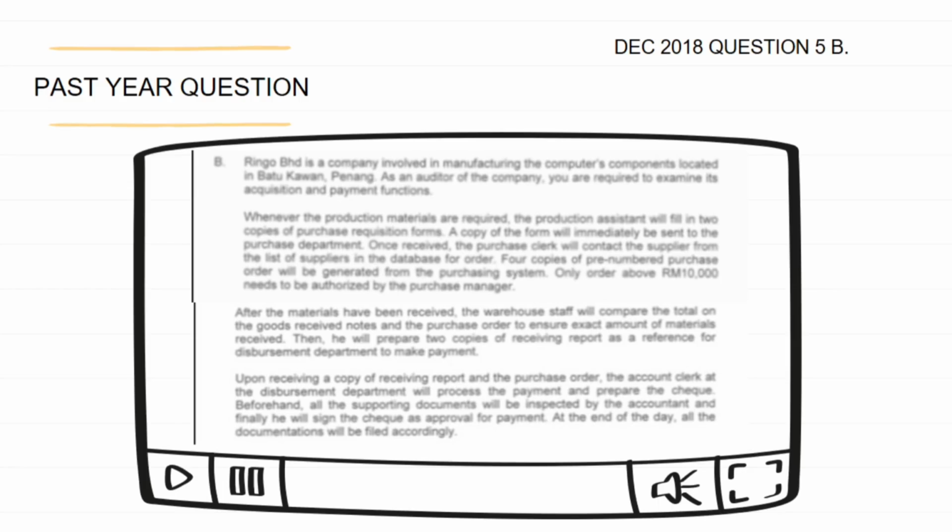Upon receiving a copy of the receiving report and the purchase order, the account clerk at the disbursement department will process the payment and prepare the check. Beforehand, all the supporting documents will be inspected by the accountant, and finally he will sign the check as approval for payment. At the end of the day, all the documentation will be filed accordingly.